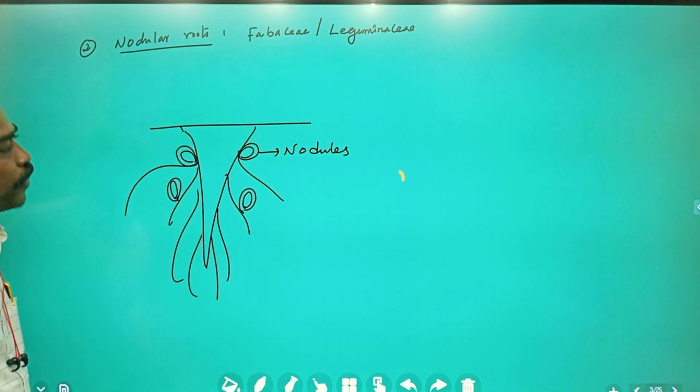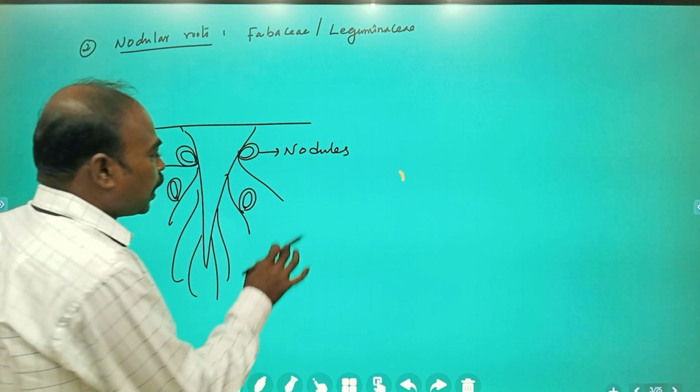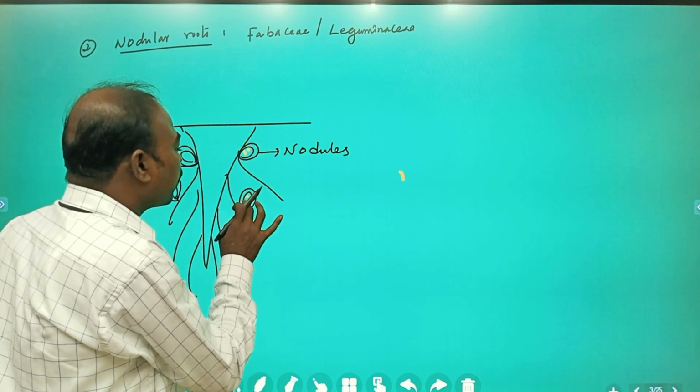In the nodules of these roots, the rhizobium bacteria are inhabited.